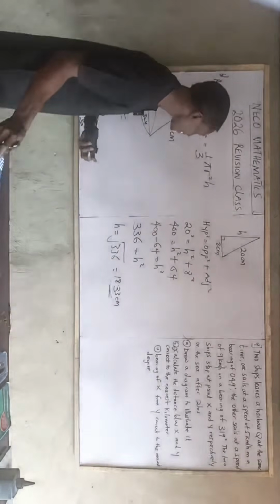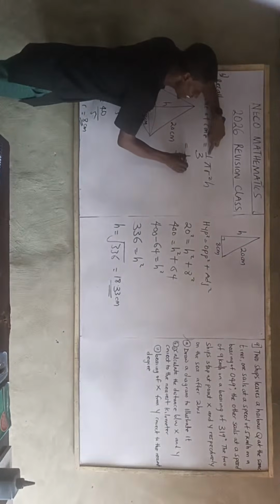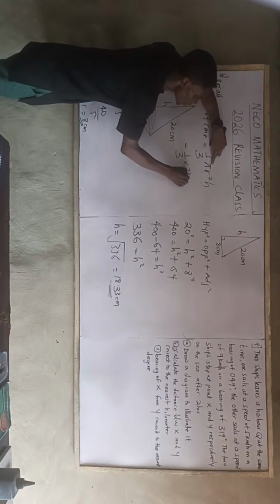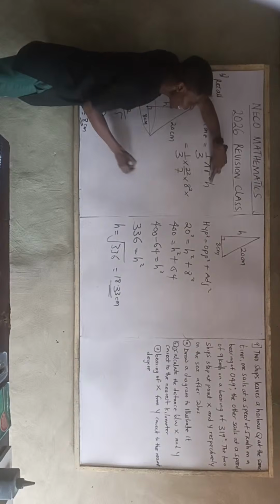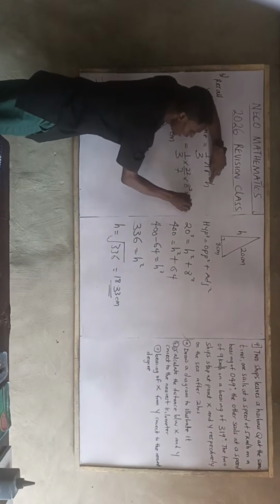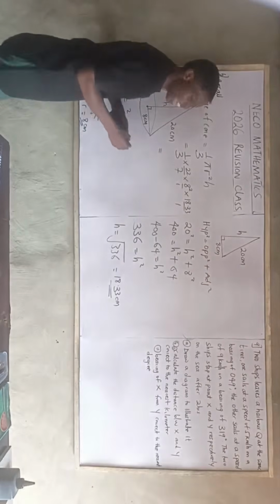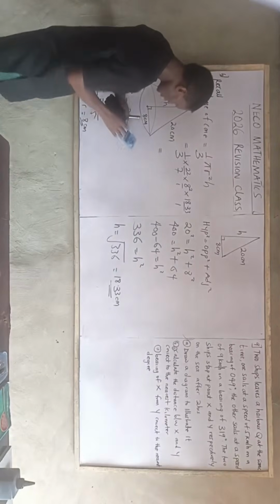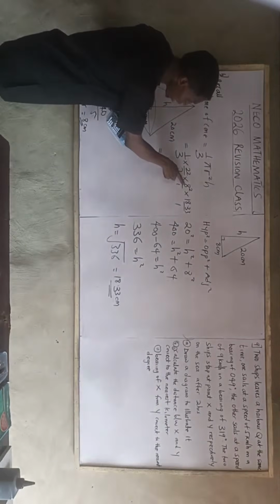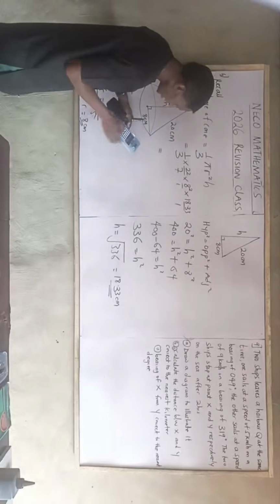So square root of 336, we've got that to be 18.33 centimeters. Then I can proceed back to this volume and say 1 over 3 times 22 over 7 times R, radius 8, so that becomes 8 square, times, of course, the H has just been gotten as 18.33. Let me multiply all the numerators here. 22 multiplied by 64 multiplied by 18.33.